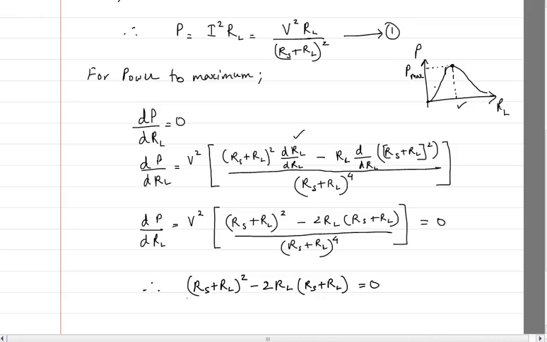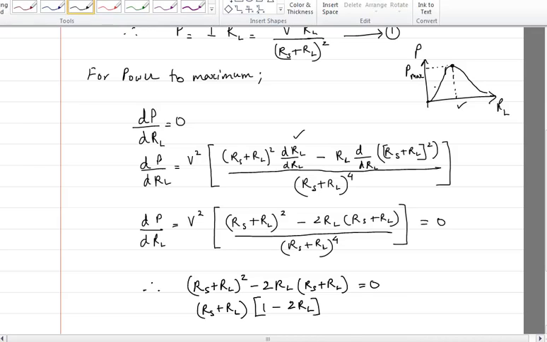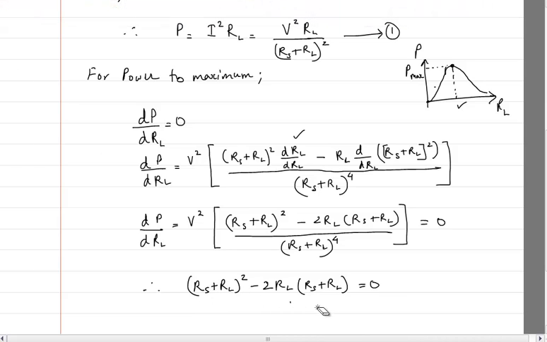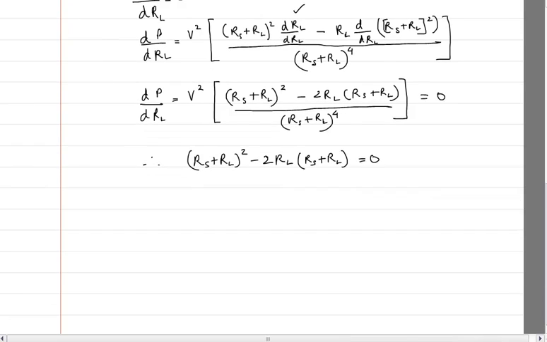If I take RS plus RL common, then I will write RS plus RL times 1 minus 2 RL. Or instead of taking this, I will expand it. Let me expand it, that is much better.